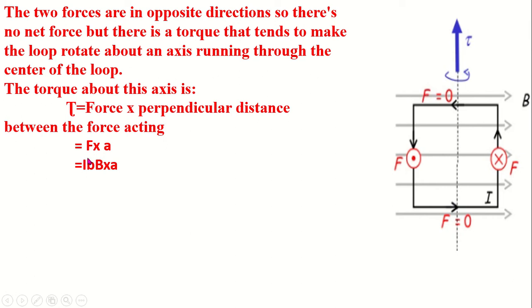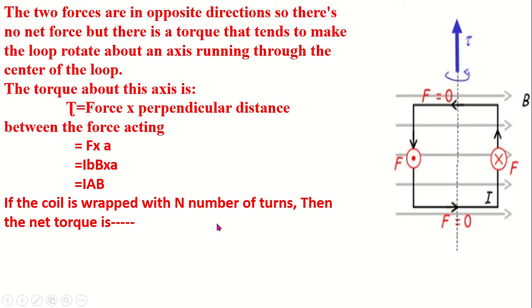That's why force equals IBB times A. But these B and A, that means the height and width, or the length and width, if we multiply these two, then we get what? Area. And you know, area is a vector whose direction is perpendicular to the plane of the coil. So we can write it as IAB. Okay.